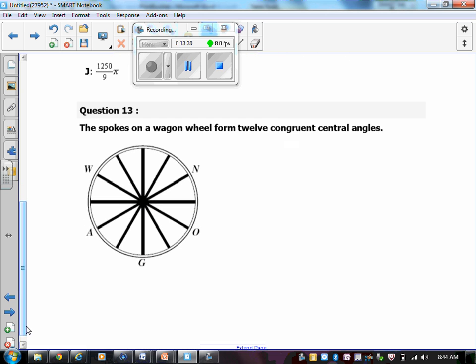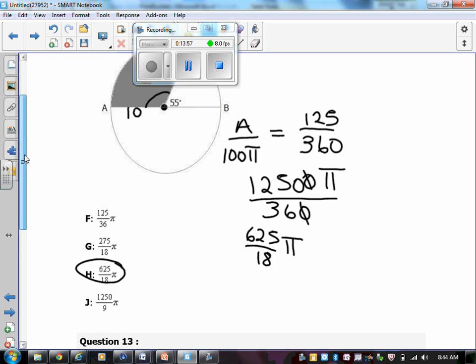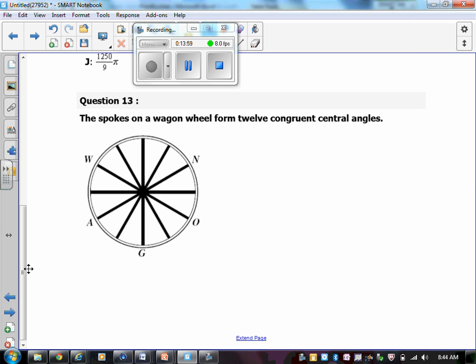All right, this is a wagon wheel formed of 12 congruent central angles. Question is on the next page. What is the degree measure of WG? So I need to know what WG is. W to G. So this is what I'm looking for.